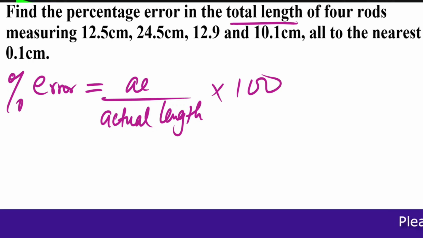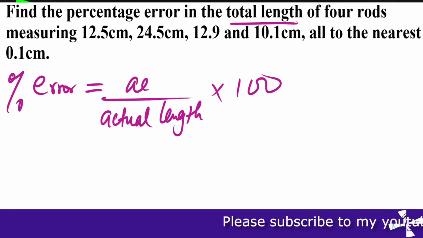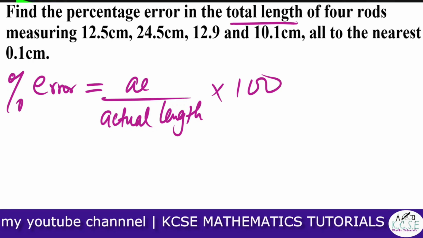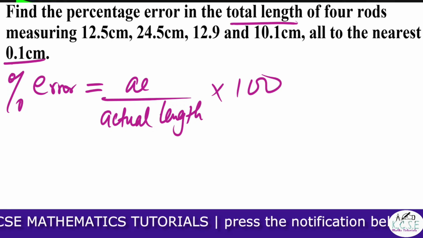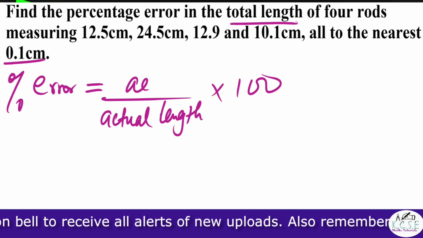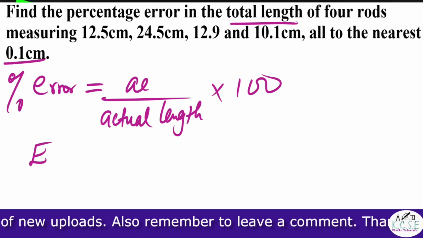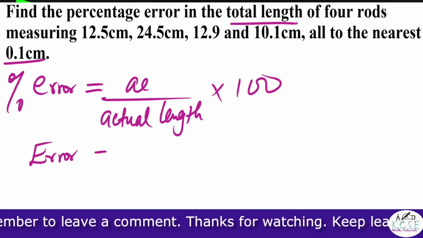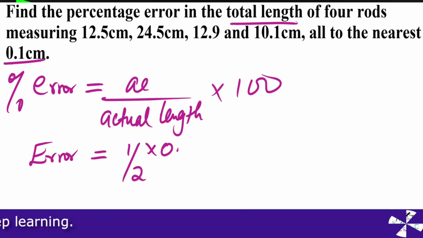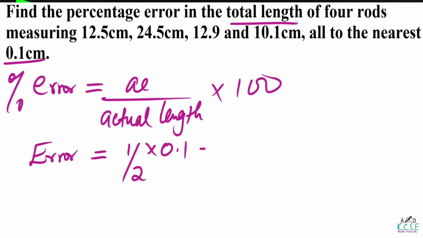The next thing we're going to do is to obtain the limits within which all these measurements lie. Since we know the least unit of measurement is 0.1, the error in each measurement will be obtained by a half multiplied by the least unit of measurement, which is 0.1.